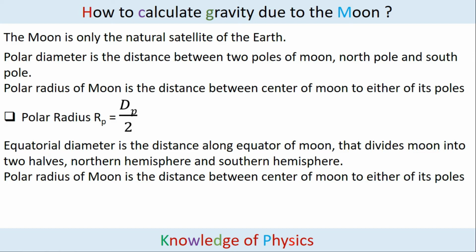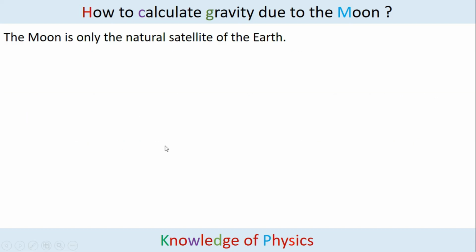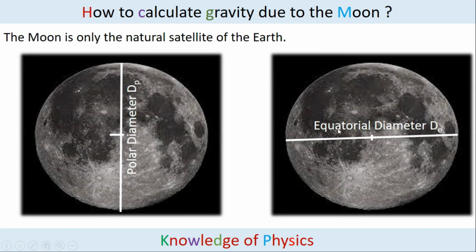I have already told you moon is almost spherical in shape just as Earth, and this equatorial diameter divides the sphere of the moon into two halves. Half of a sphere is a hemisphere.